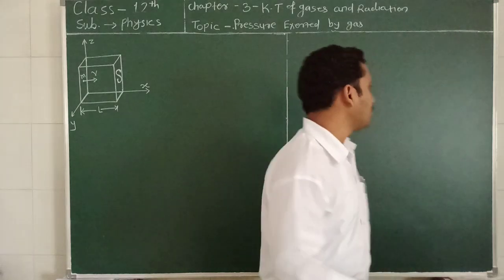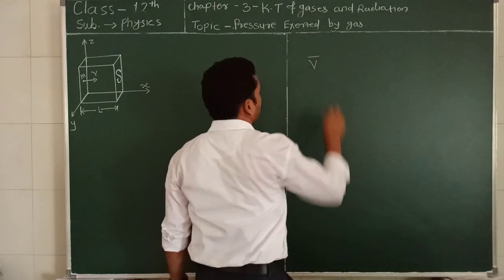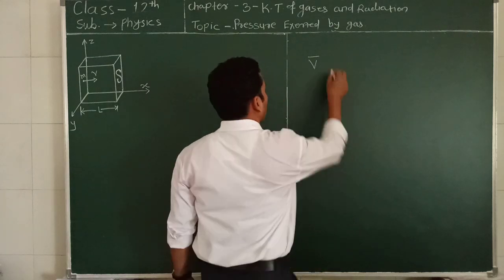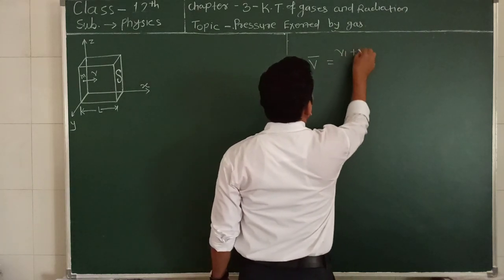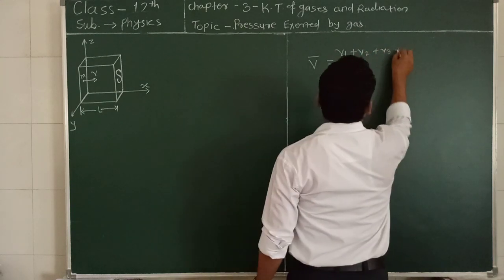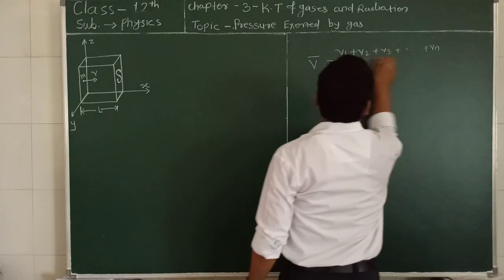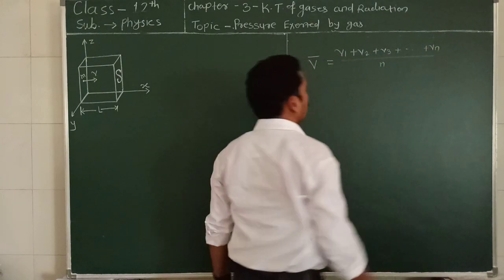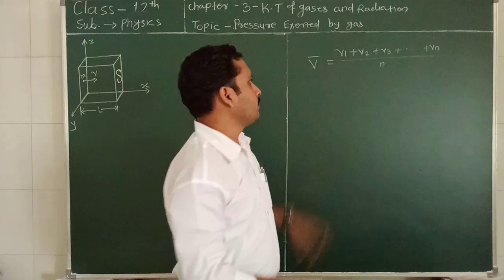The first term is the average velocity, denoted by v bar. v bar is equal to v1 plus v2 plus v3 up to vn, divided by n. We all know by this formula we can calculate the average velocity.